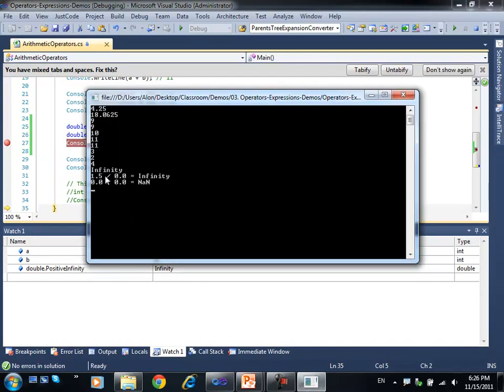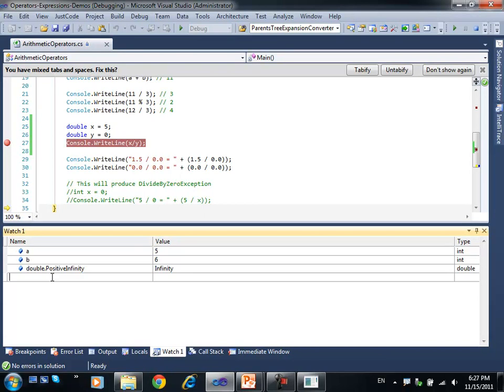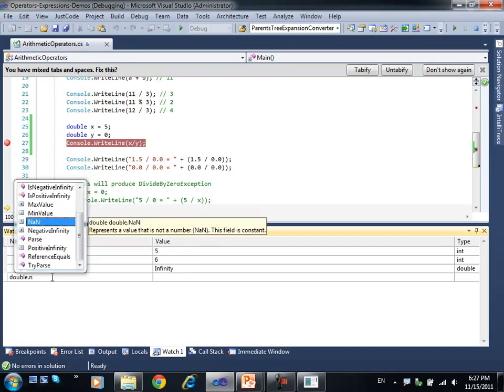So we got two interesting results. One of them is infinity, and the other one is not a number. That means that this division didn't produce any defined logical number. This value is also accessible through double dot, not a number.